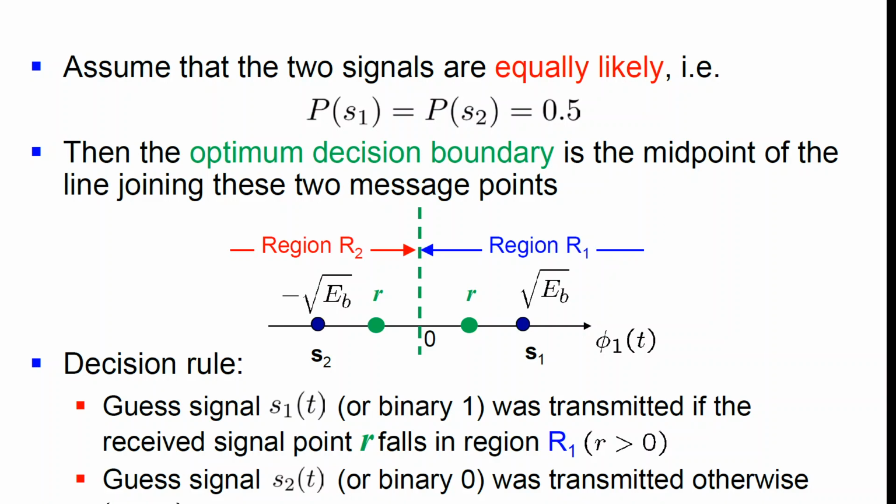Now if it falls on region R1, then we can be sure that it will be decoded correctly to S1. But assume that we have sent S1, and due to noise the received point falls on region R2, then it will be wrongly decoded as S2 and that results in an error.